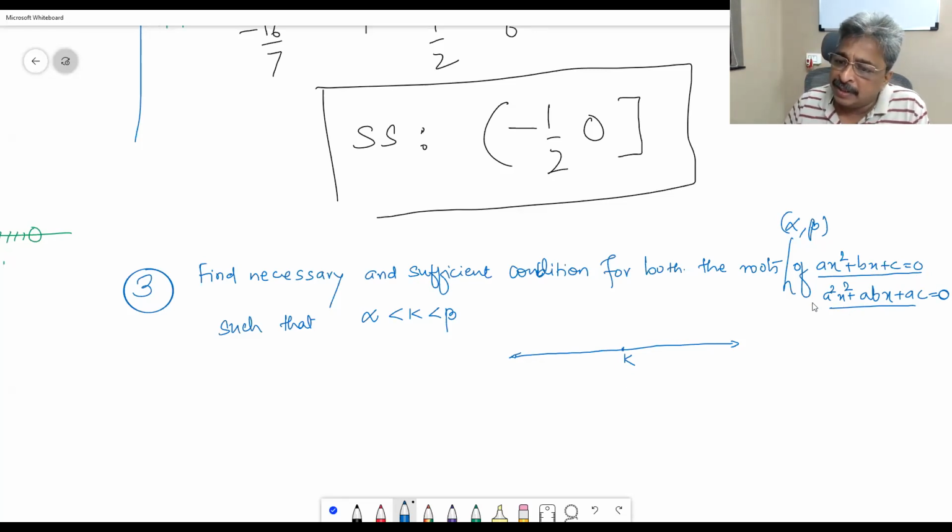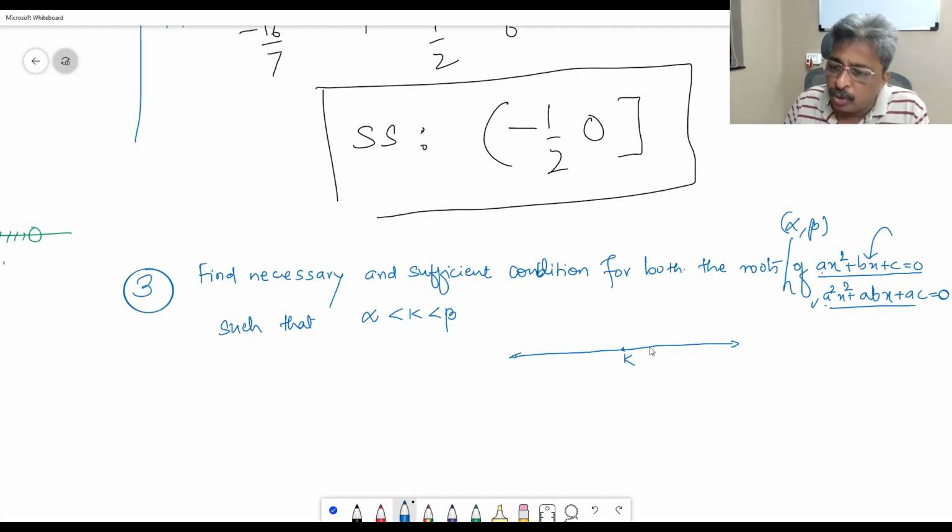The advantage is this quadratic equation is opening upward. We do not know the direction of the original one, whether opening up or down, because of ambiguity in the value of a. But with a square, it is definitely positive, therefore it is opening up.